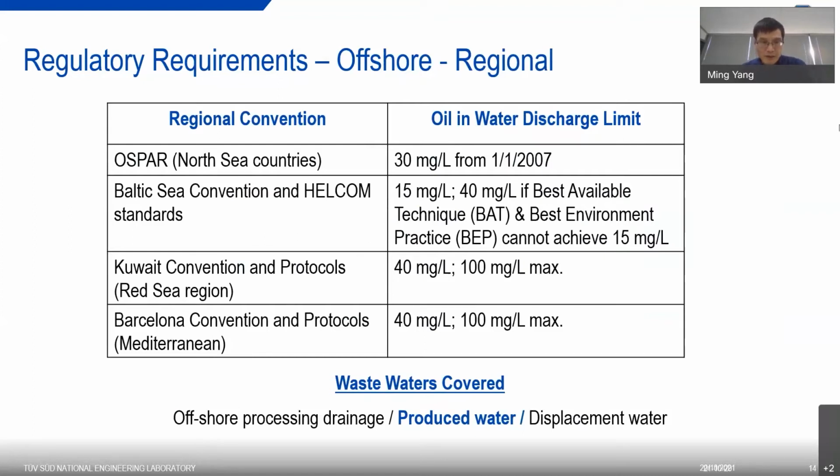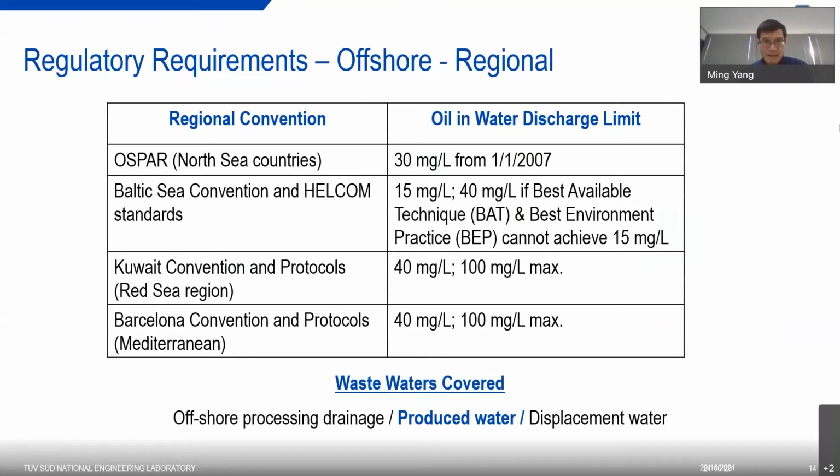For the Kuwait Convention and Barcelona, as I mentioned, we're looking at a monthly average of 40 milligram per liter, and a maximum daily of 100 milligram per liter. For the Baltic Sea, it's aimed for 15 milligram, but if you cannot achieve that, 40 milligram is still okay. The wastewater covered is offshore processing drainage, produced water and displacement water.